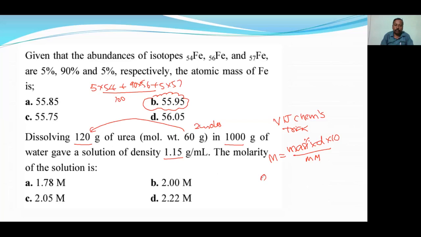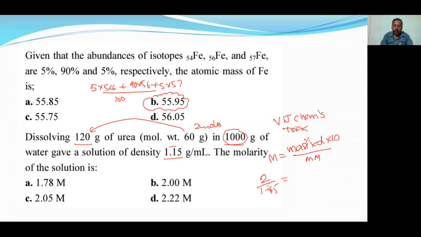120 grams, 2 moles divided by volume, mass into volume, this will be 1.15 liter only, direct. So you will get 0.97, so 2.04.